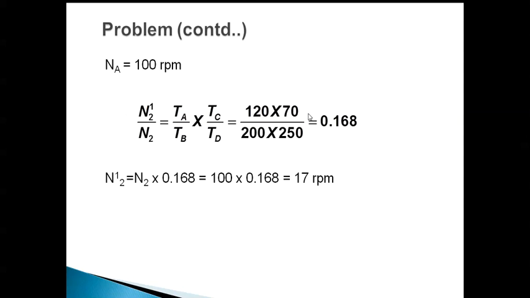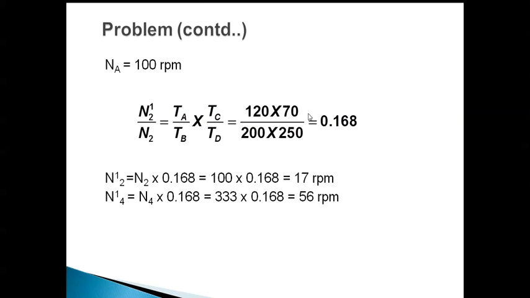So now you can say 100 RPM is reduced to 17 RPM by using the back gear. The ratio will be common for each speed, so we just need to multiply with 0.168. For every pair, the ratio of teeth will be the same, because TA into TC by TB into TD is equal for every step, every speed.